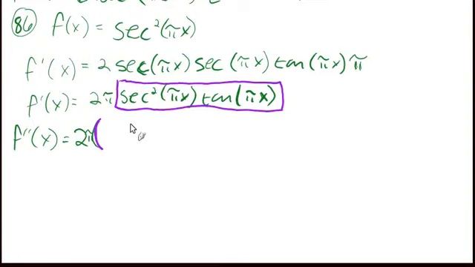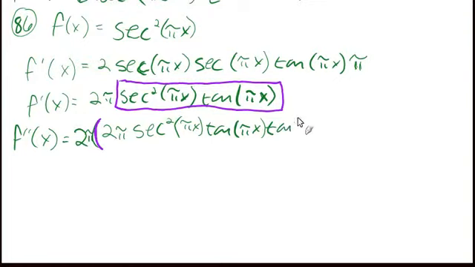The derivative of this is 2, let's throw the pi in front here, 2 pi. Actually, this is also the derivative, a cleaned up version: 2 pi secant squared of pi x, tangent of pi x. There we go. There's the derivative of this first part, that's for the product rule. The next part of the product rule is to multiply that by this, just the function.